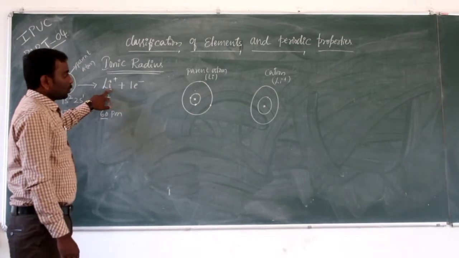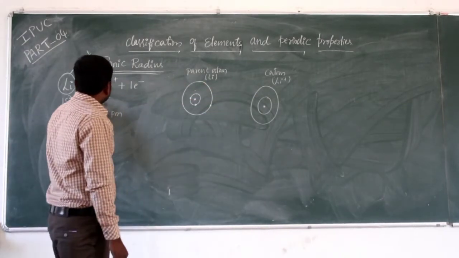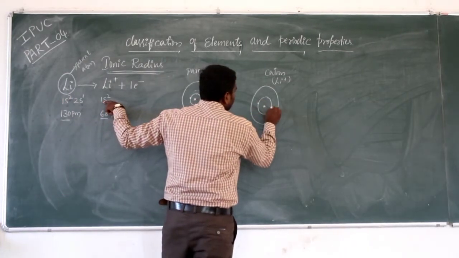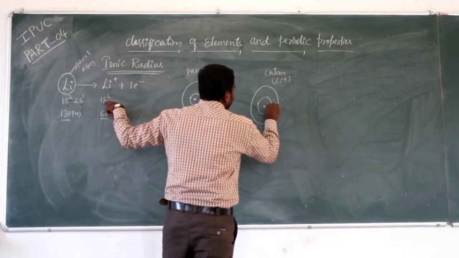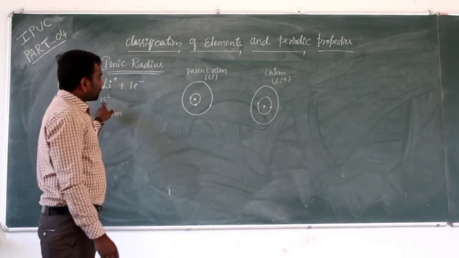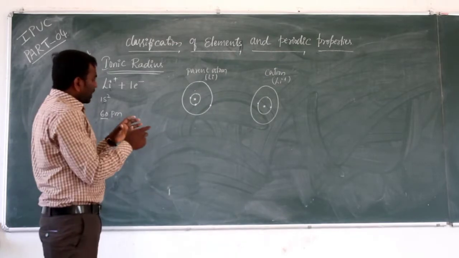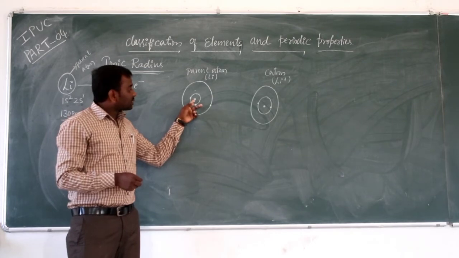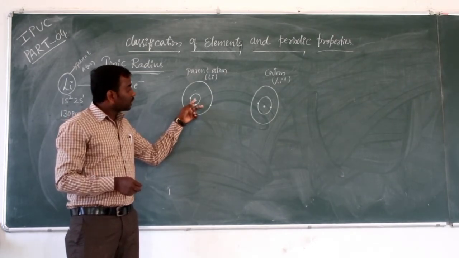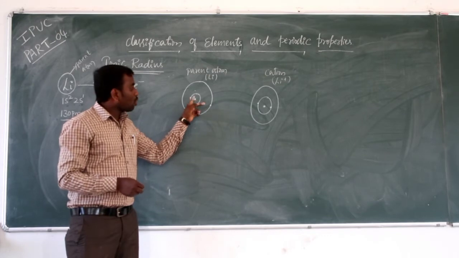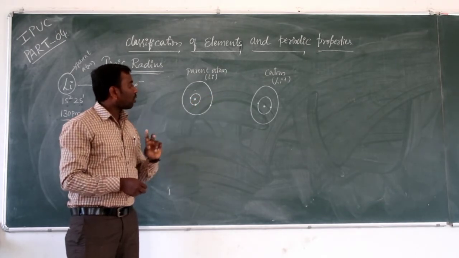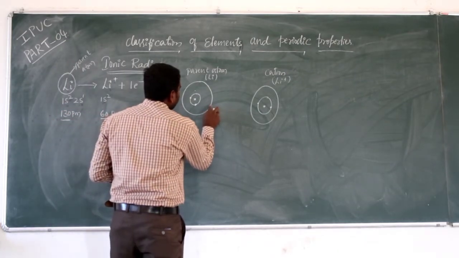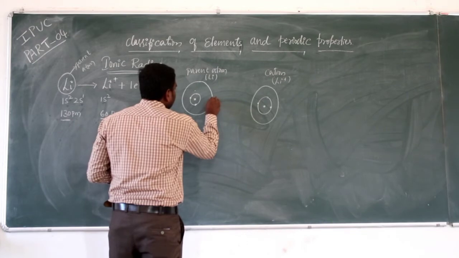Next, come to lithium ion, right? In the lithium ion there are only 2 electrons, right? See, already I told you, when we say ionic radius, it is the distance between the center of the nucleus and the electron of the valence shell of an ion, right? That distance we call the ionic radius, right?